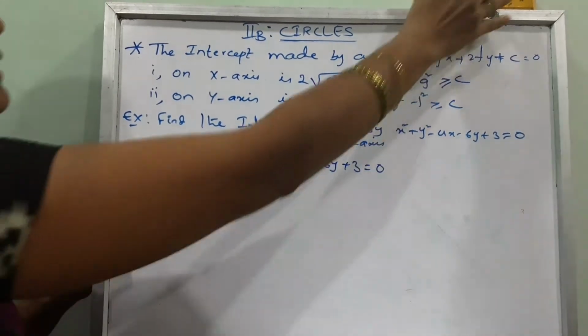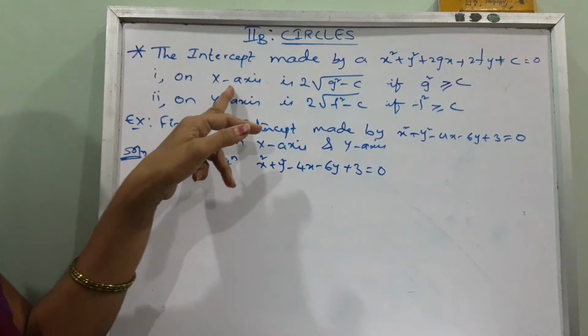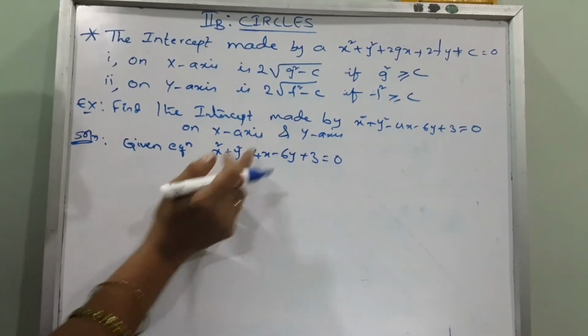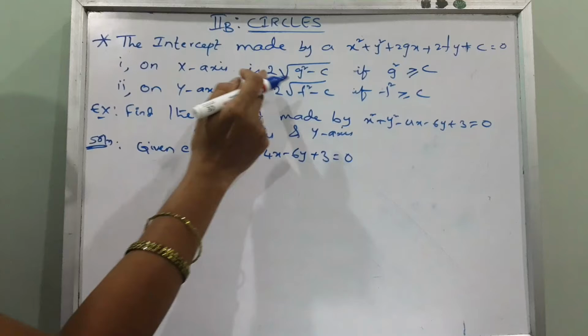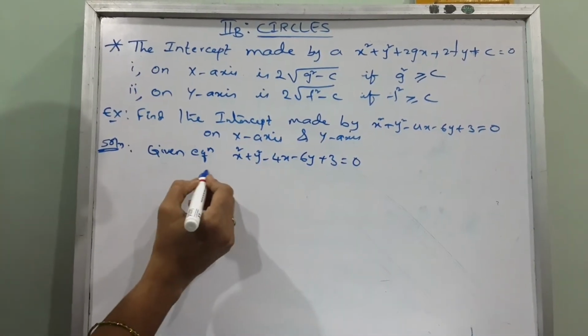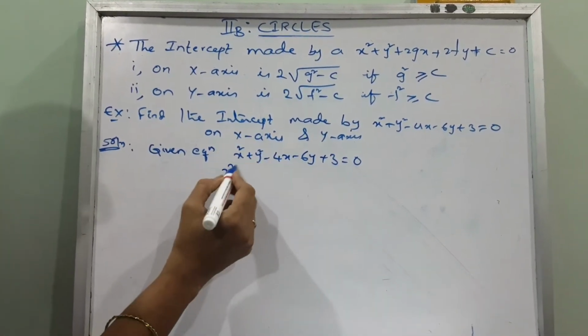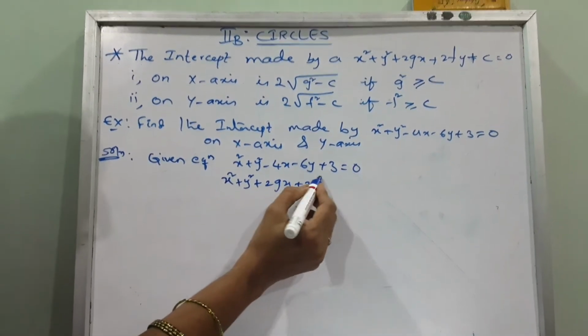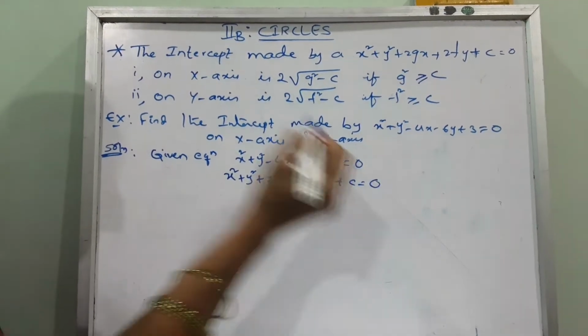What we have to find here? The intercept on x-axis and the intercept on y-axis. First, the intercept on x-axis, formula 2 root g square minus c. Now comparing with the general equation of circle, x square plus y square plus 2gx plus 2fy plus c is equal to 0.